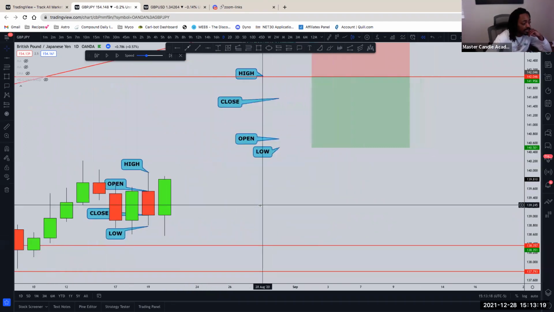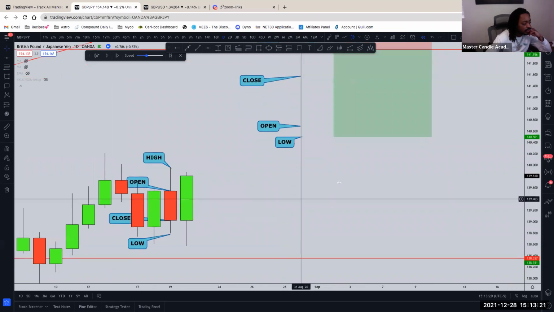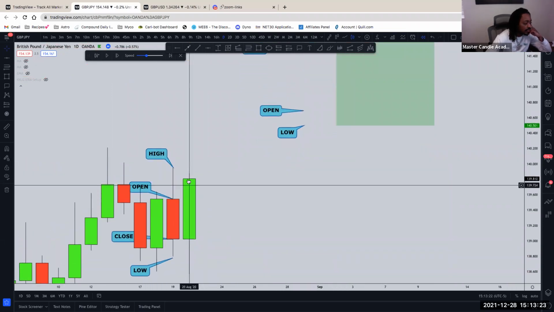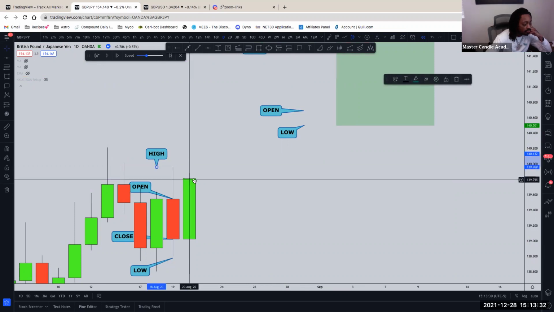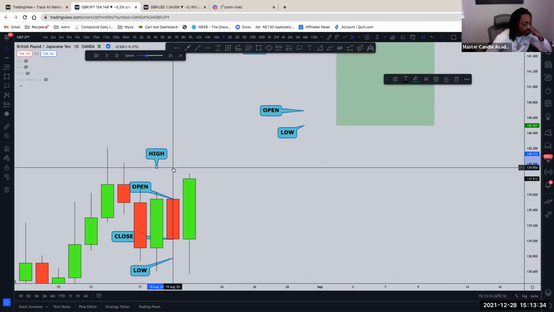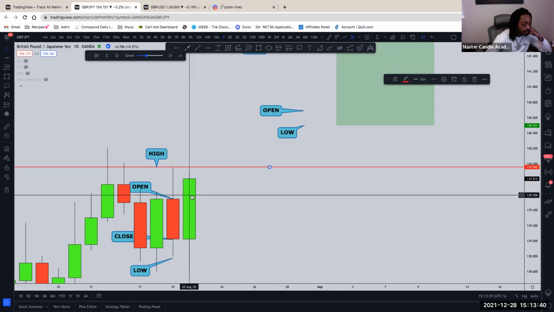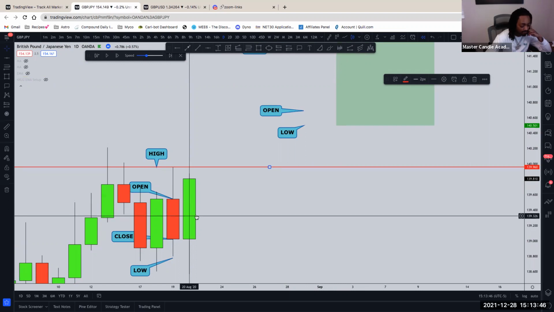Now, asking myself, does this candle close above the previous high? Does this candle close above the previous high? Nope. So what is this here? What is this here? There we go.